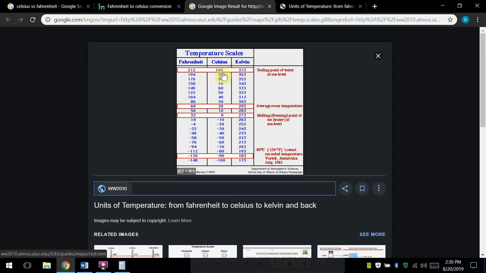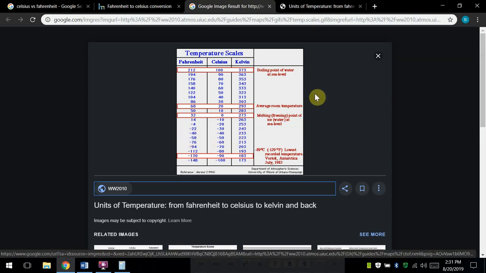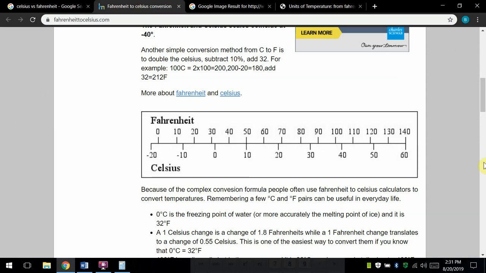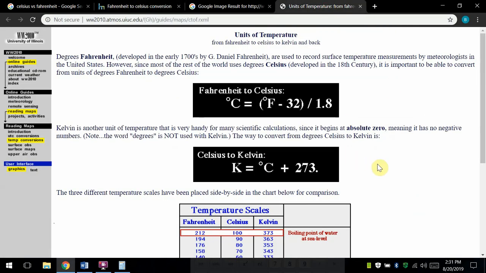Of course, this is only the boiling point of water at sea level. As you go higher and higher in the mountains, the air pressure drops, and so does the boiling point. And those are the highlights I want you to see. We also talked previously about minus 40 being the same between the scales.